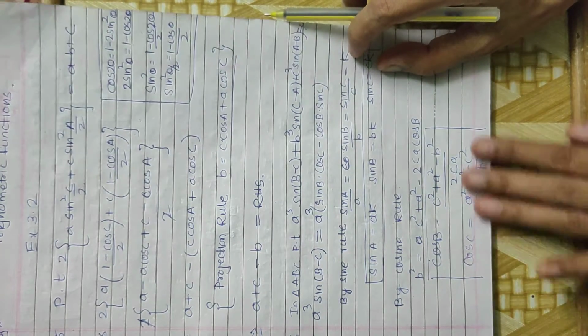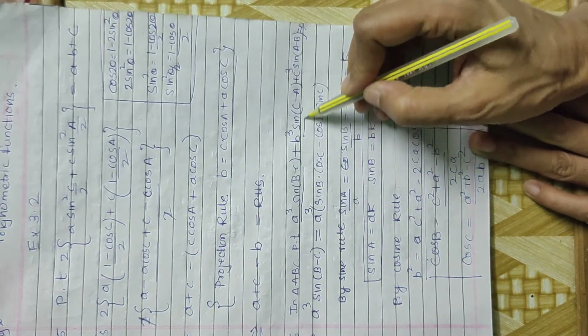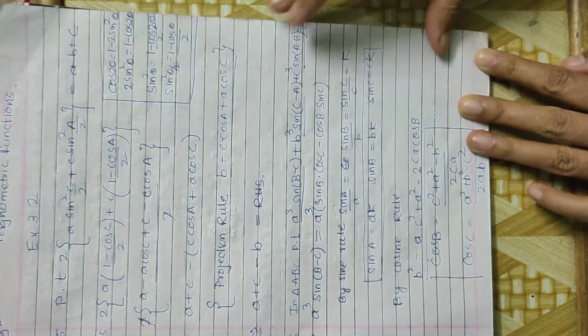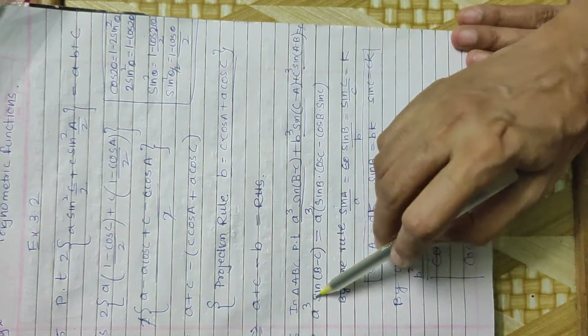Now here we will find each term separately. So first we take a cube sin(B minus C).